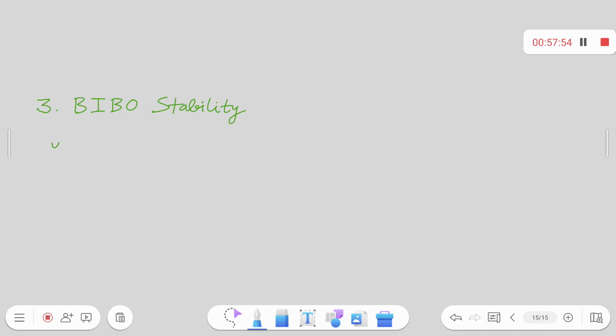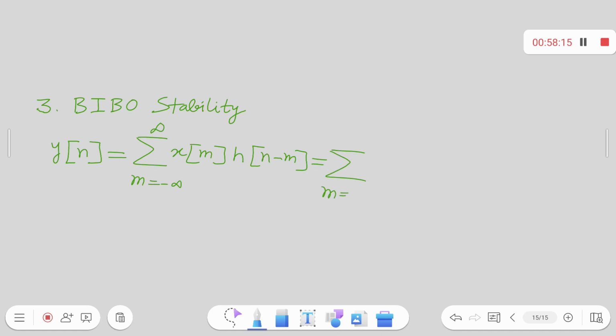Once again, let us consider the same expression. y of n is equal to summation x of m h of n minus m, where m is ranging from minus to plus infinity, or similarly you can have the same expression, summation h of m x of n minus m.